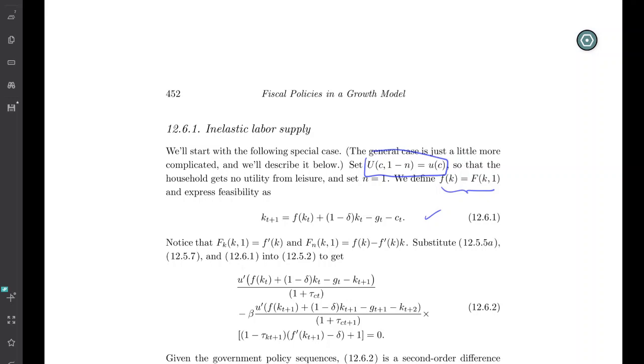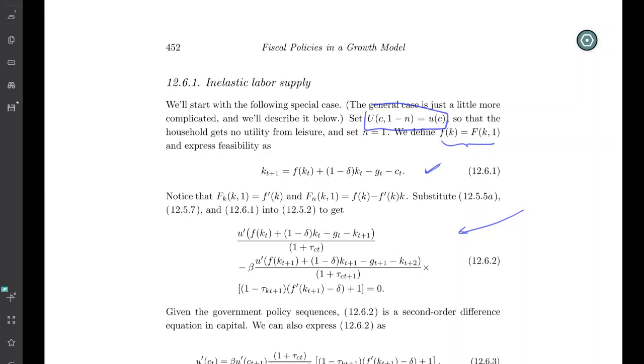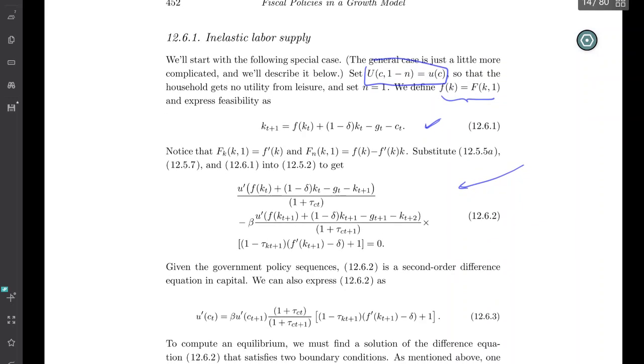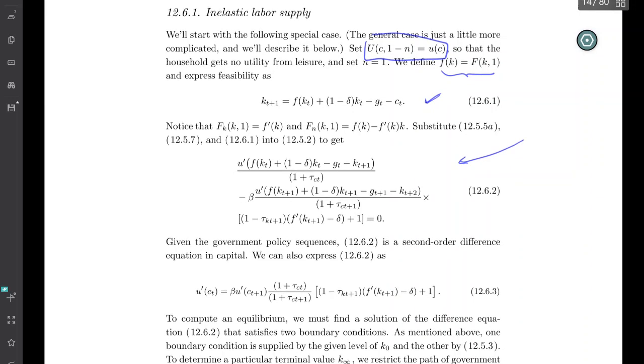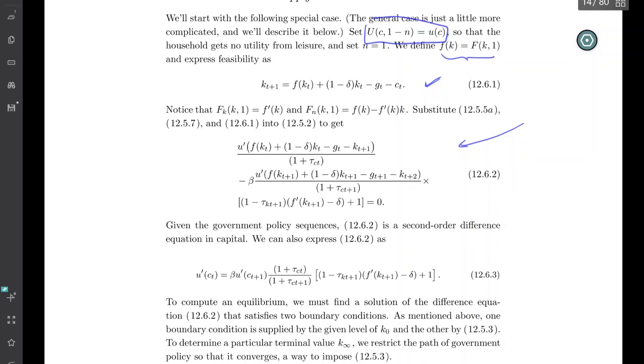And then if we take this equation and substitute it into the household's Euler equation for consumption, we'll get this equation, which we can write like this.